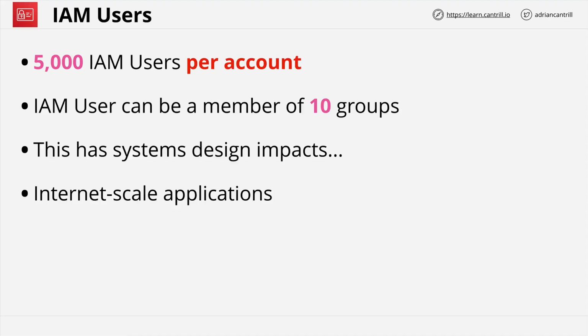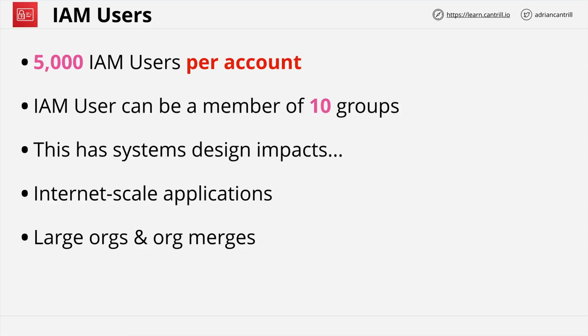Or it might be a limit for large organizations which have more than 5,000 staff. Or it might be a limit when large organizations are merging together. If you have any scenario or project with more than 5,000 identifiable users, so identities, then it's likely that IAM users are not the right identity to pick for that solution.